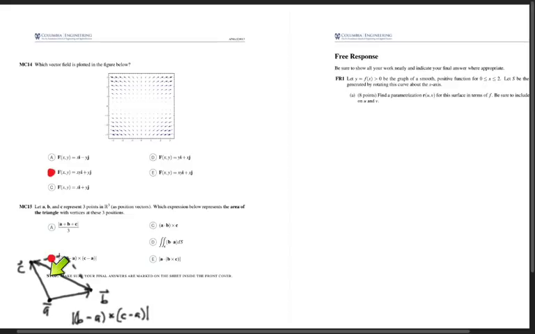So the important thing to see here is that if A, B, and C are the vertices, the sides are given by the differences, right? B minus A is here, C minus A is here. So their cross product, at least its magnitude, will give us the area of the parallelogram here. Chop it in half to get the triangle, right? And there's only one option involving the difference here. That's B there, right? And so we've solved it.